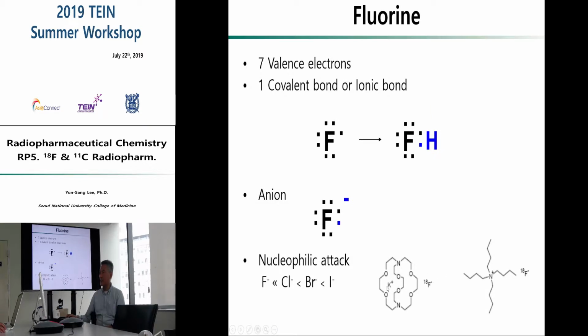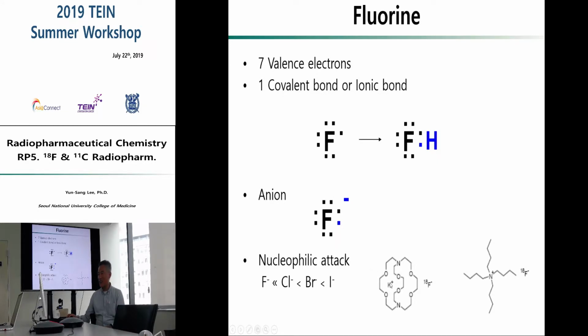In the case of fluorine, it is entirely different. Fluorine prefers to make an anion. So a -1 charge is the most stable chemical species of F18. But this anion normally pursues hydrogen, so it acts as a base, not a nucleophile.